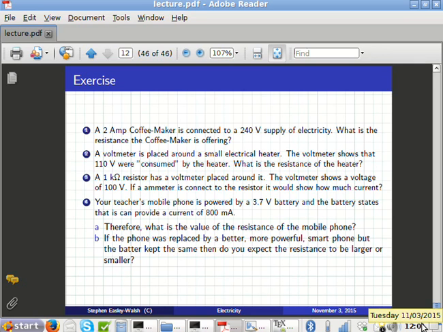Yeah? I don't know what other example is like this. All I can say is if there's more voltage, then the current can be smaller because the voltage is stronger, it's bigger.